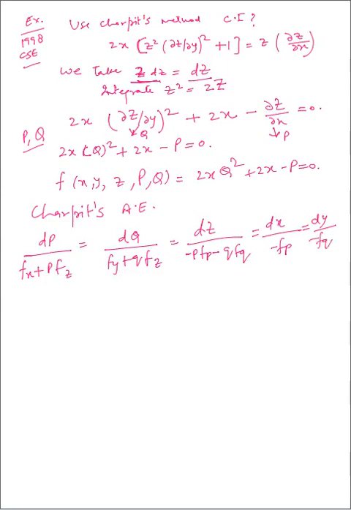So fx is 2q square plus 2, fy is 0, fz is 0. Wherever it is capital Q and capital P, fp is minus 1 and fq is 2x into 2q, that is 4xq.